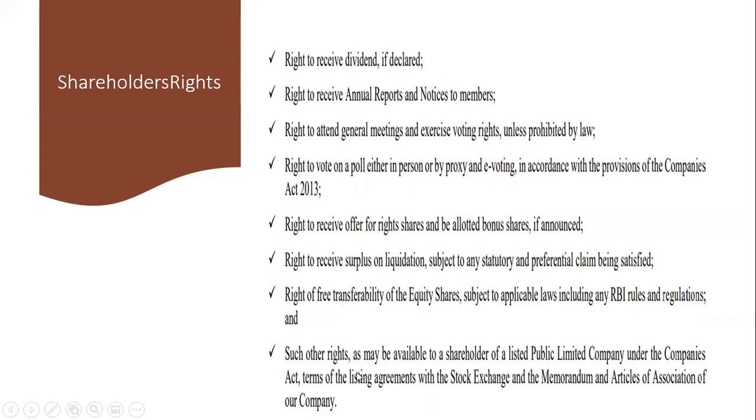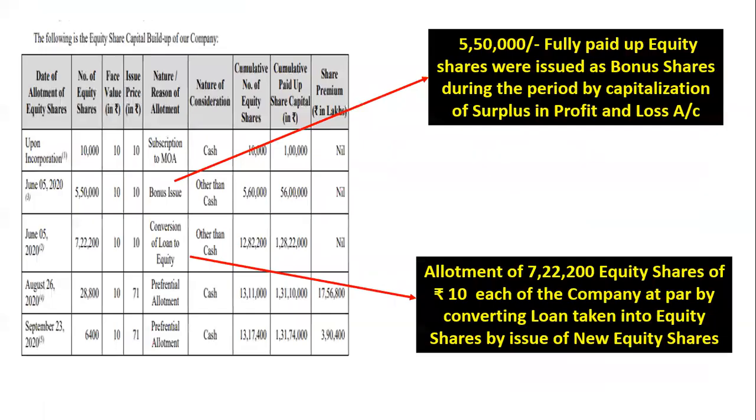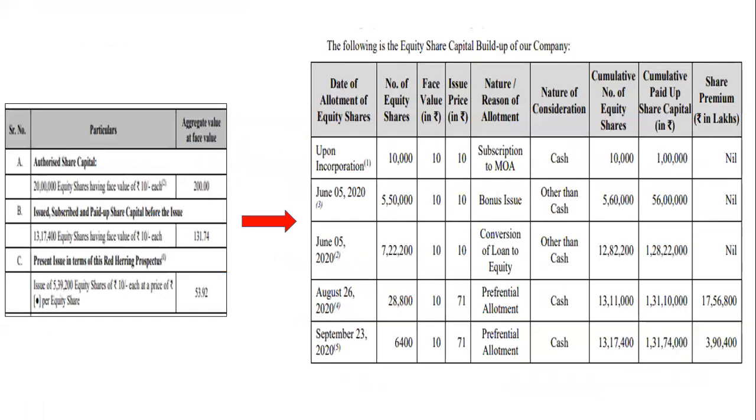And such other rights as may be available to the shareholders of a listed public company. So these are generic rights of the shareholder, but in a prospectus, every company is also required to reiterate these rights.